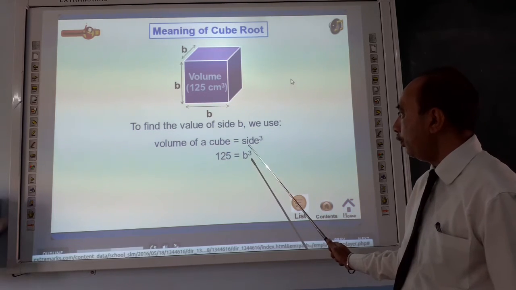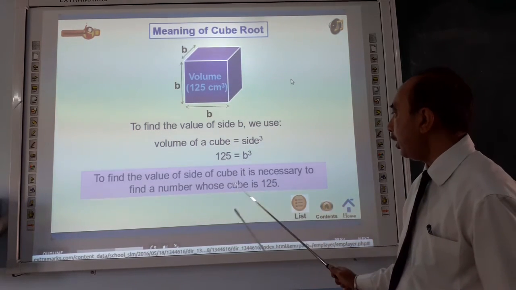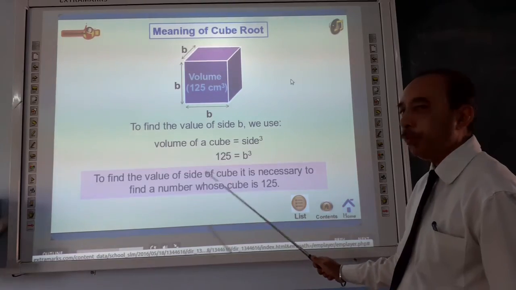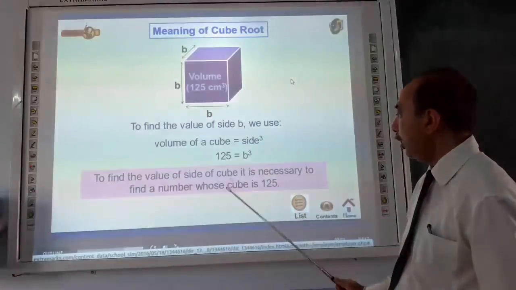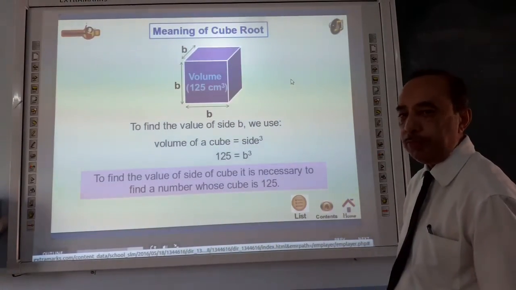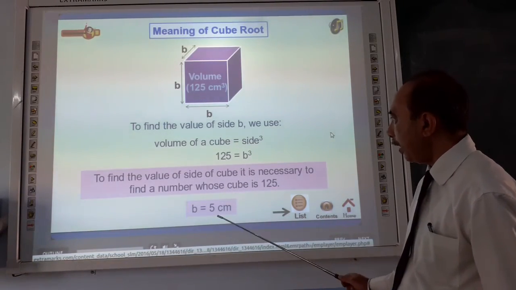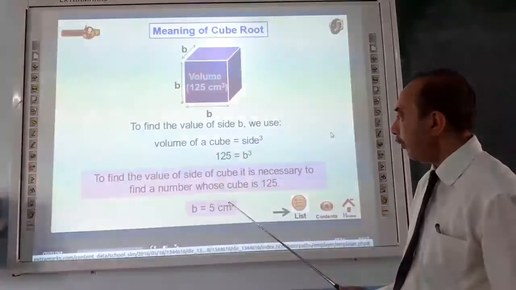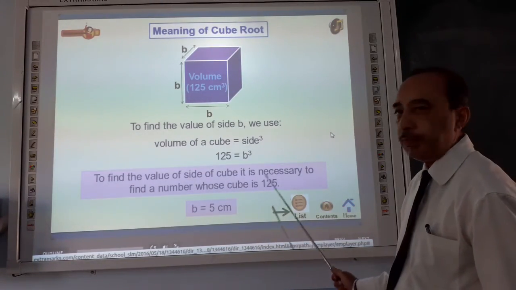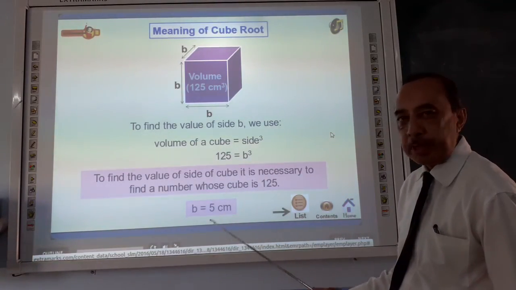So b cube, b is the side, is 125, and now we have to find out the value of b, which will be the cube root of 125. Now it will be calculated because 5 into 5 into 5 is 125. So cube root of 125 is 5.